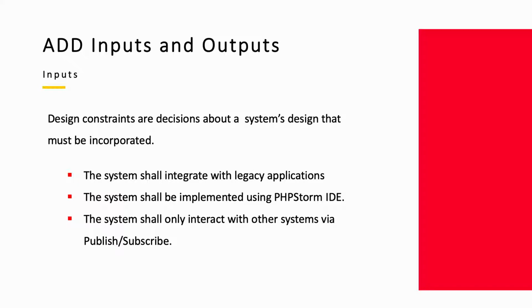And then another example, this one we also use. The system shall only interact with other systems via publish and subscribe. So internally, the technicians have their mobile app that they use to send a text message to a service that we pay for, for documentation or to reschedule an appointment, and that then comes back to our support system to create a ticket.